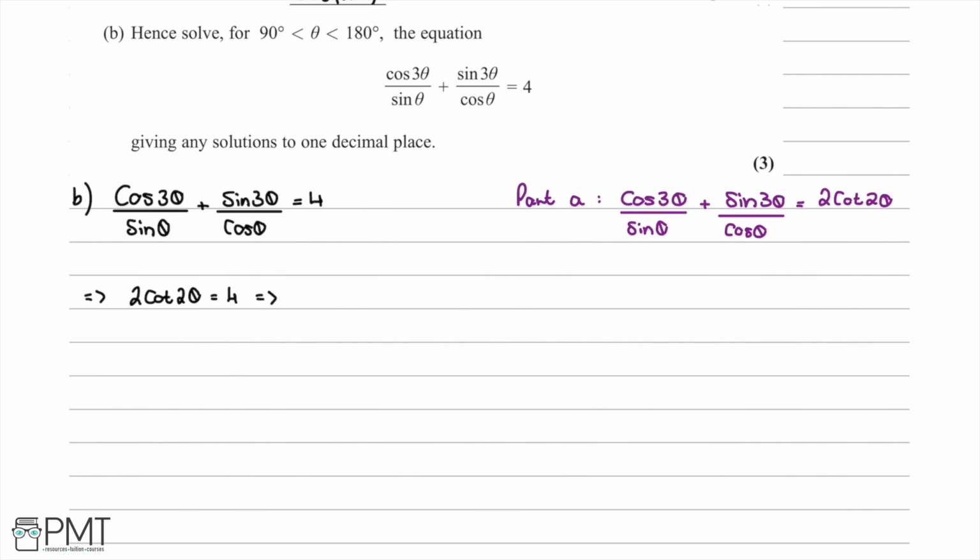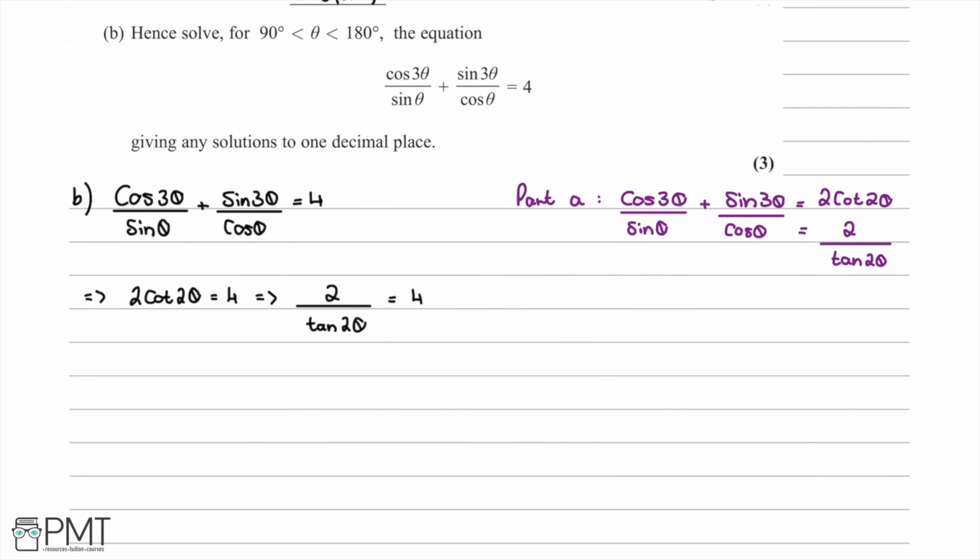So therefore, we'll just note down here that this is then going to be equal to 2 divided by tan 2 theta. So then going back to what we have, we can write that 2 over tan 2 theta is going to be equal to 4.